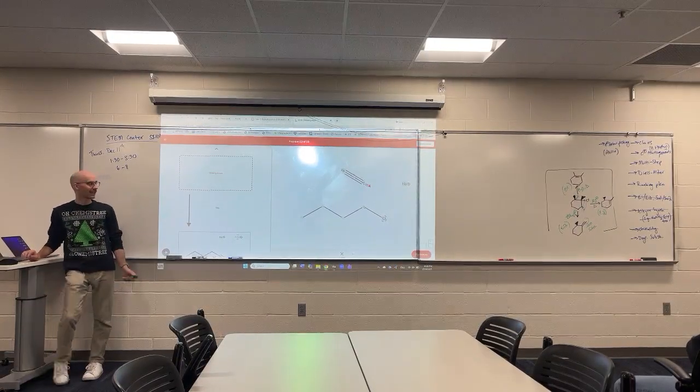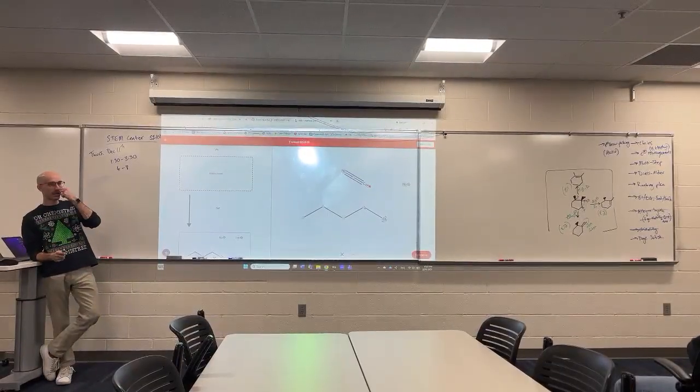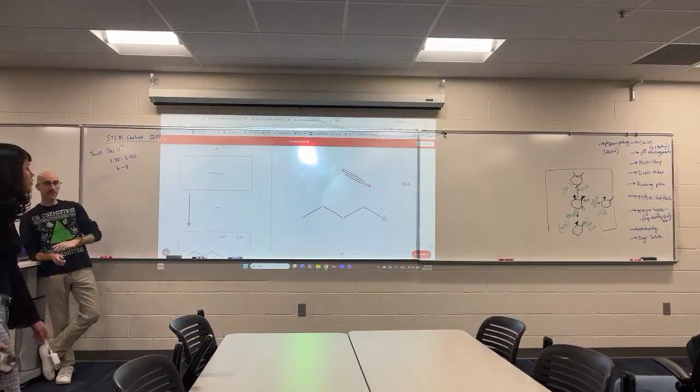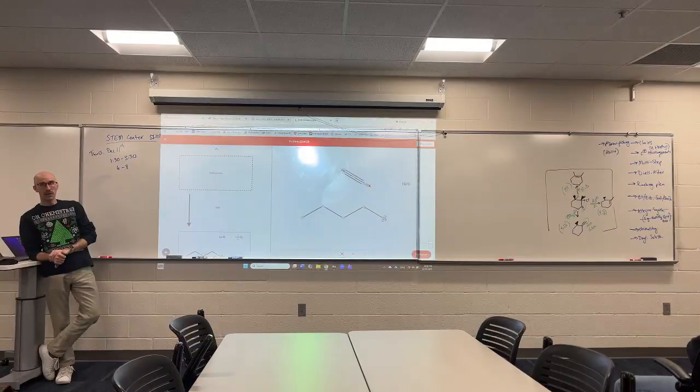When cyanide, CN minus, is a nucleophile, both atoms have a lone pair. Which atom is a better nucleophile? The carbon with its lone pair or the nitrogen with its lone pair? Which atom is a better nucleophile? Carbon?